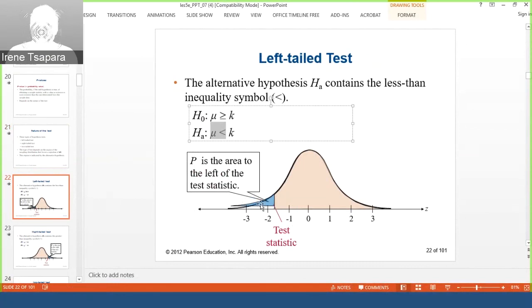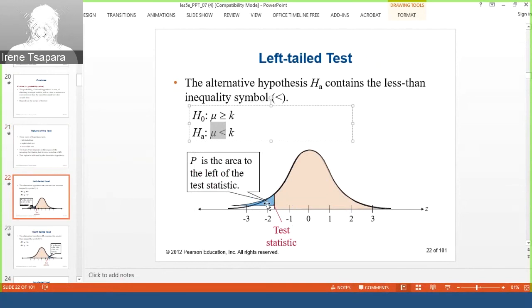What is the relation of this rejection area with your alpha? Well, your rejection area is your alpha. So the proportion of this blue area to the entire bell curve is going to be as much as your alpha says. Your alpha is your significance level.